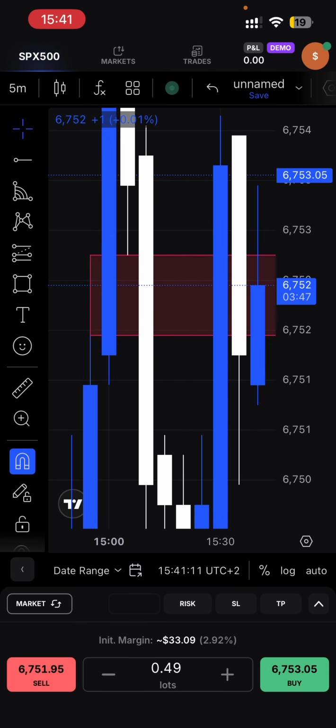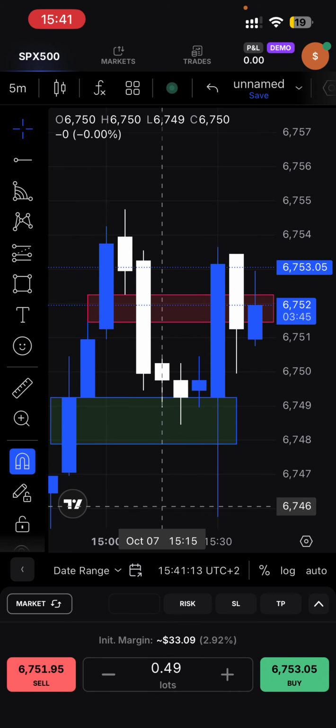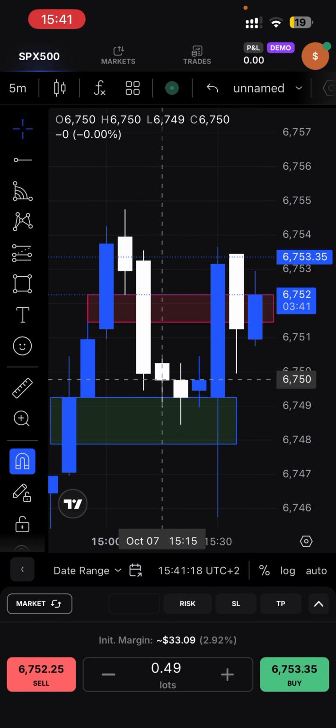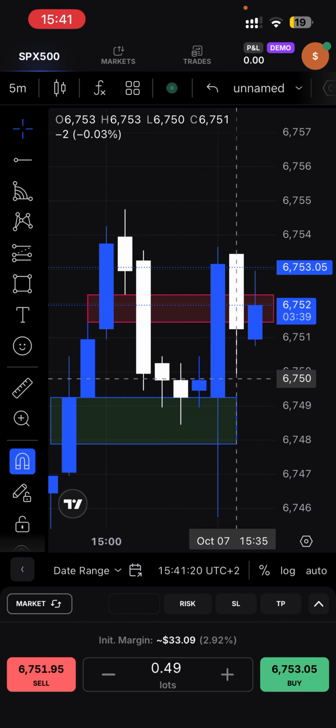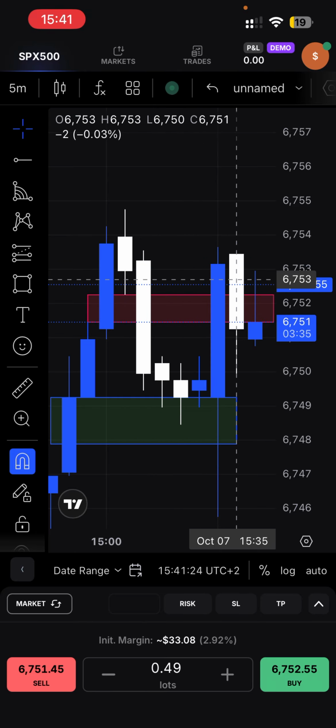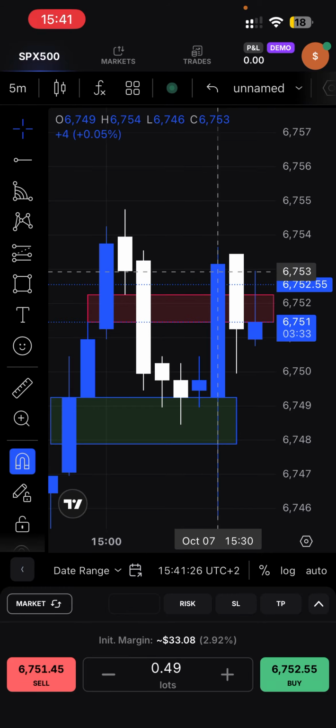Anyways, so we go in here, create this, then go down, retrace into this, get magneted by this, and go up in there and kind of disrespect it even. And as you can see, this was at 15:30, so 1.5 hours into market open.